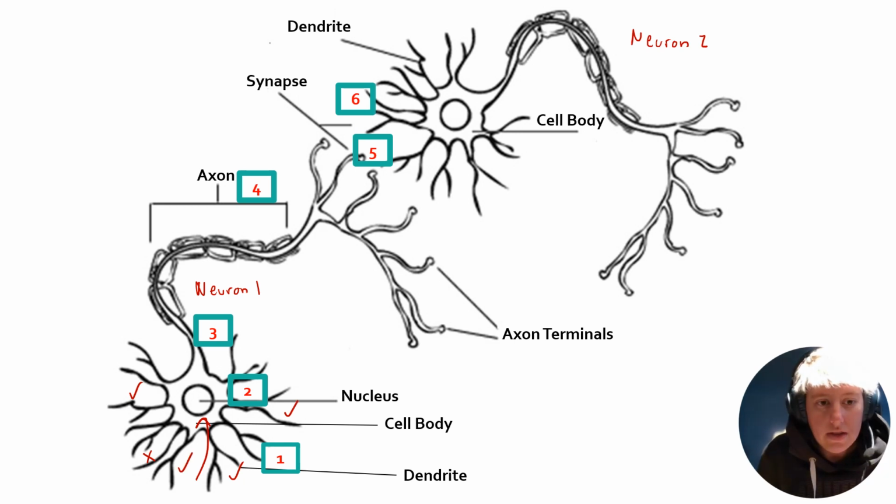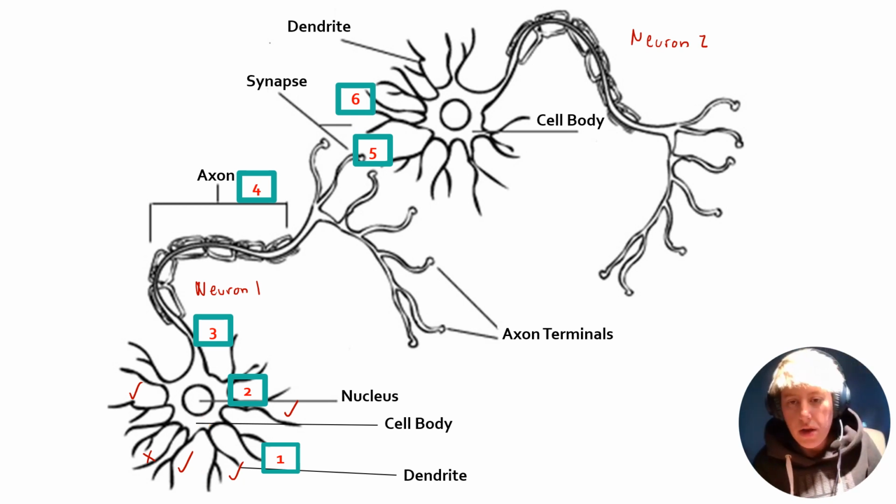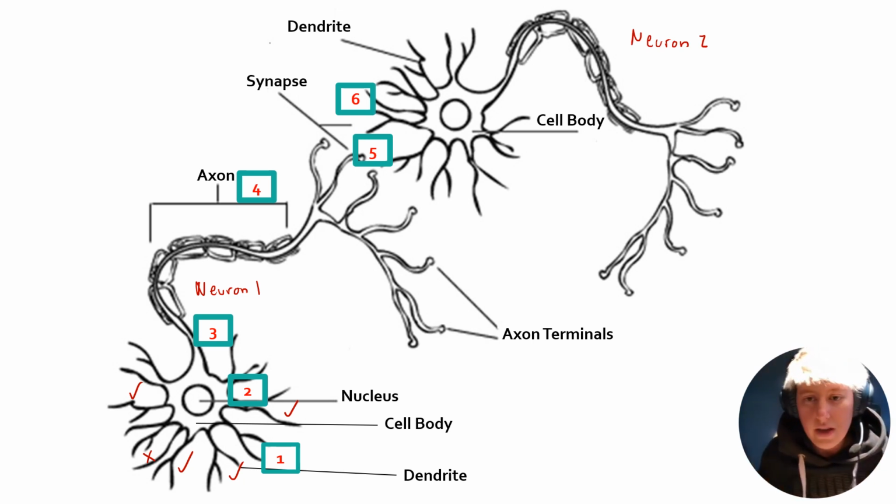So what happens is that all of these messages get sent to the cell body, and then the cell body is basically making an interpretation. And it really is interpreting on how many inhibitory neurotransmitters and excitatory neurotransmitters it gets. So ultimately, the cell body decides, do I pass on a message, yes or no?